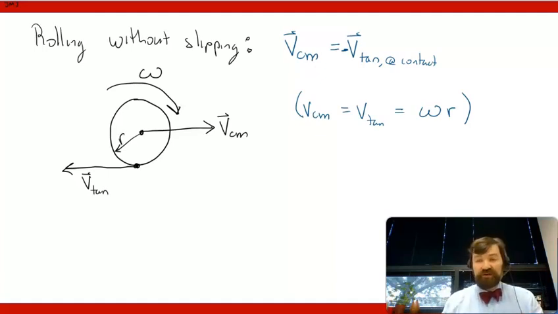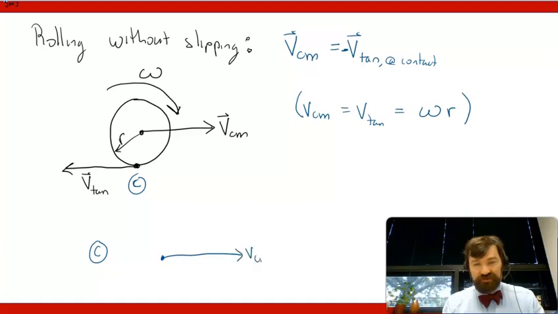Now, the reason why this is important is that if I want to find the total velocity for this point here, we could call this the contact point. For this contact point C, what we have is a center of mass velocity pointing in this direction, and then pointing back in this direction, a tangential velocity.